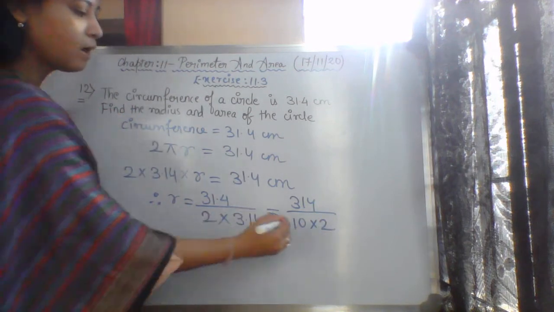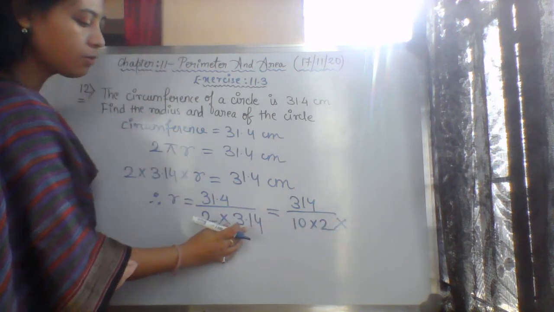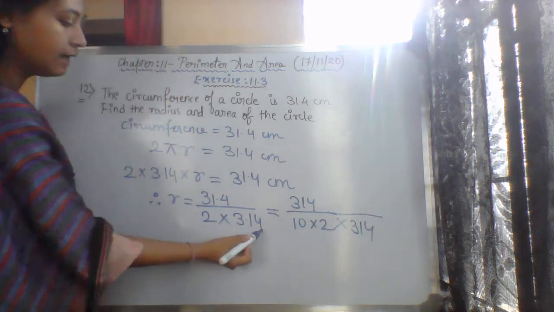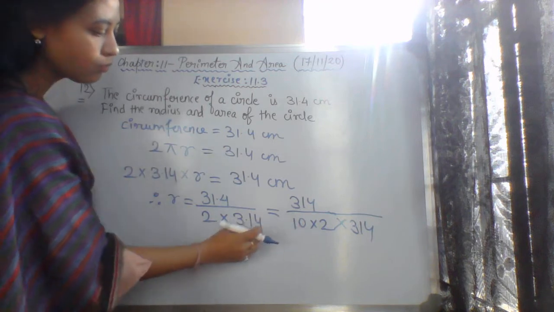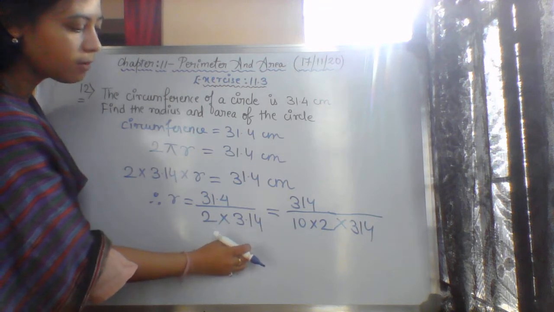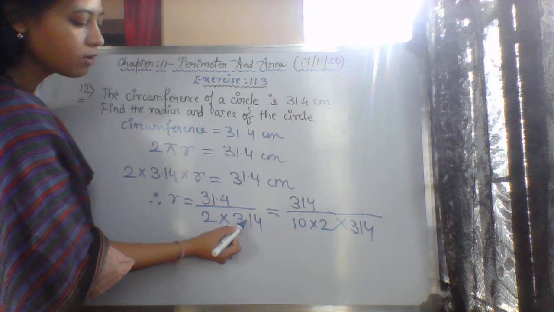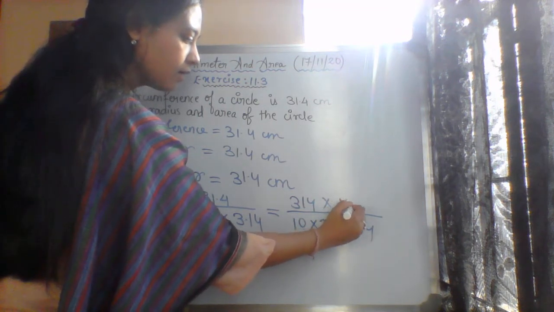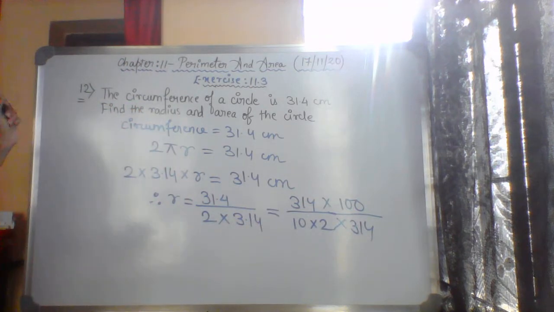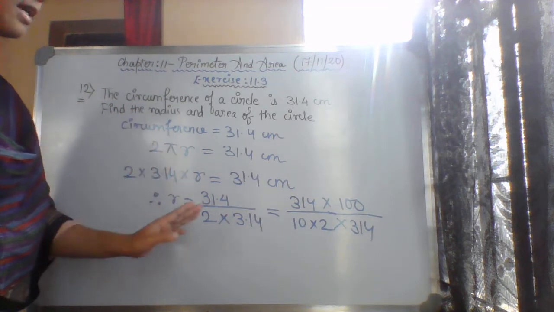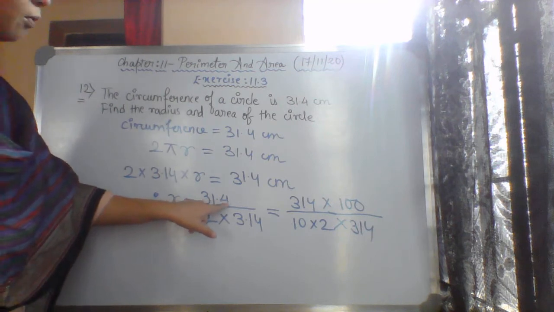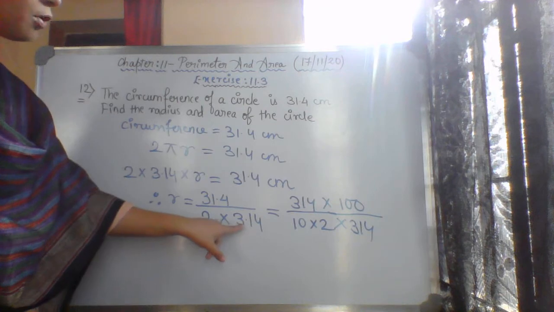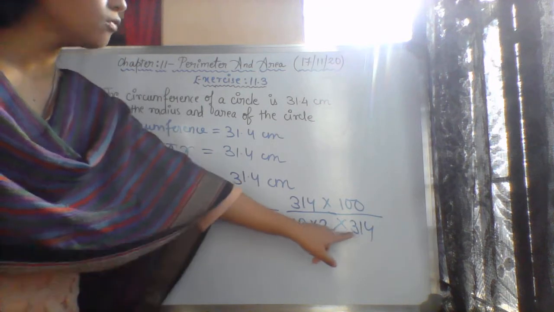Now in the denominator, what is there? 2, multiplied by 3.14. I am removing the decimal, so 314 divided by 100 will give 3.14. 31.4 is 314 by 10. 3.14 means 314 by 100.